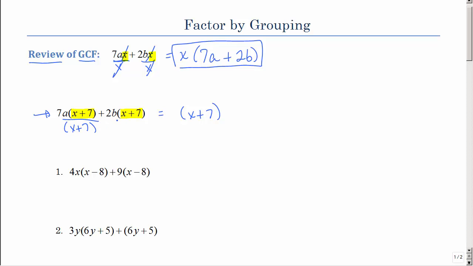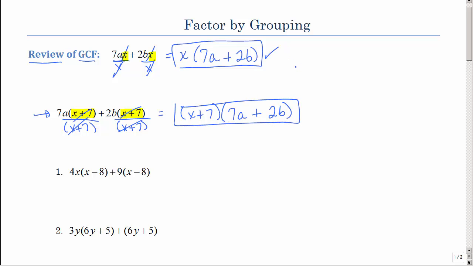Just like above, when I divided both by x, I'm going to divide both by x plus 7. What is left? 7a plus 2b. So just like that one had an x in common, this has an x plus 7 in common.